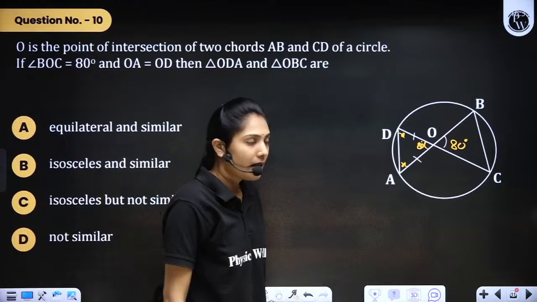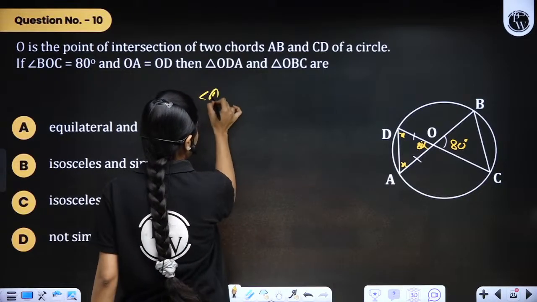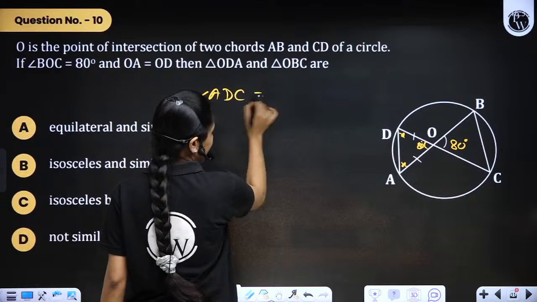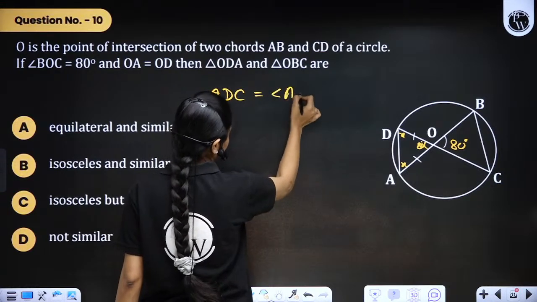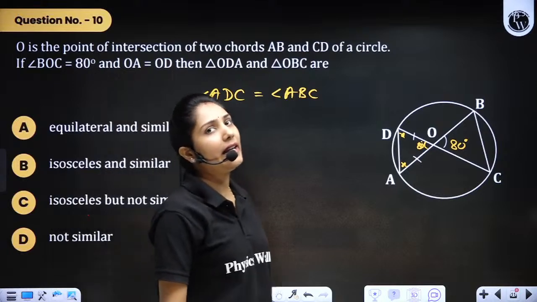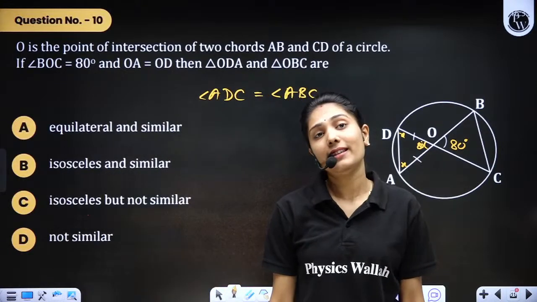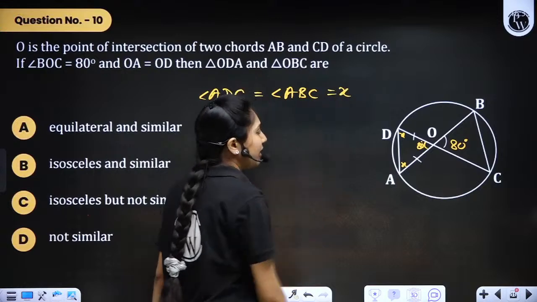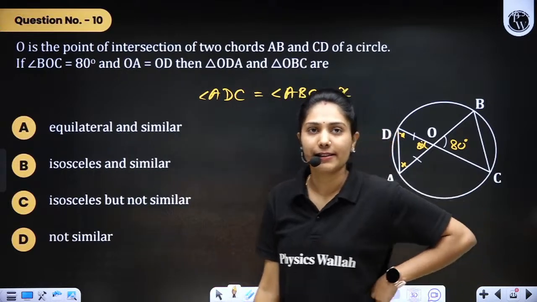Angle ADC is equal to angle ABC. Can I say it, beta? And if yes, then why? Why can I write these two angles as equal angles?